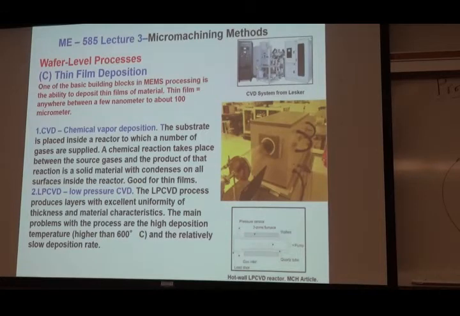Nanometer, yeah, not bad. Thin film on the lowest is an angstrom. How many angstroms make 1 nanometer? Okay, very good. So 10 angstroms make 1 nanometer. So thin films start from angstroms, okay?